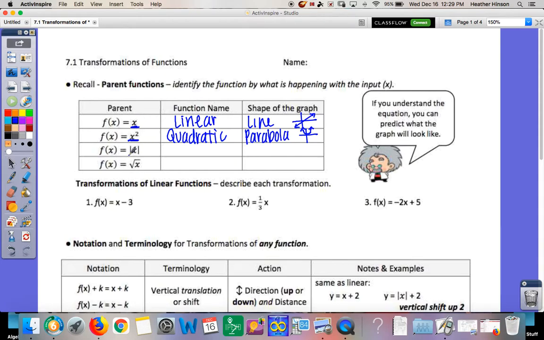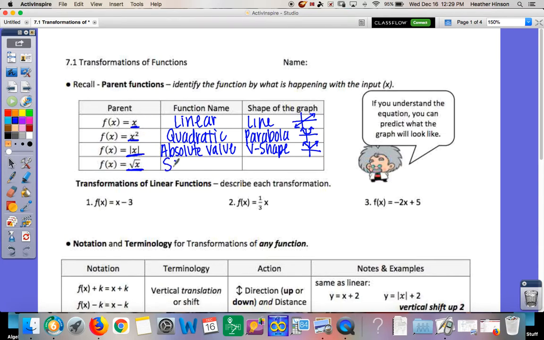Our third one, what are these bars around x called? Those are absolute value bars. So this is called absolute value. And that graph looks like a V. So it's just going to be a straight V. And the last one, what symbol is this?